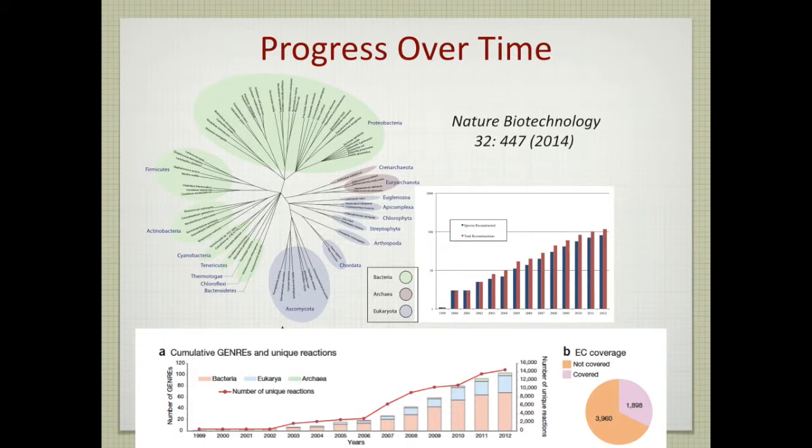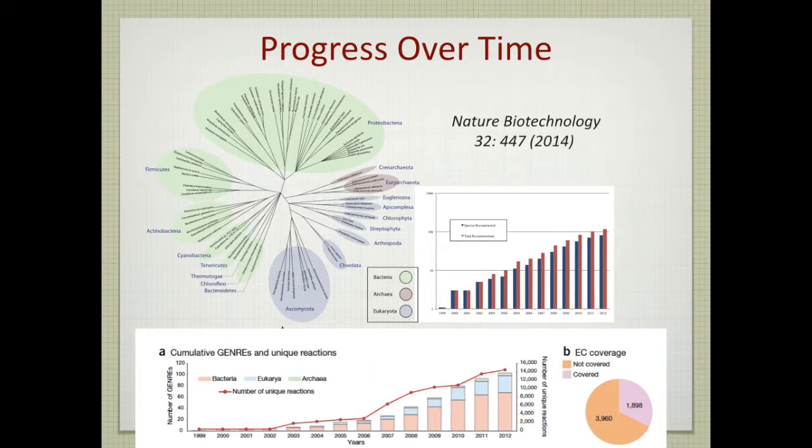Enterobacteria, of course, as a class are well known, and so there are many good enterobacterial reconstructions. The light red color shows the archaea that have been reconstructed, so there are some of those available, and the light blue branches on that tree are the eukaryotes that have been reconstructed and analyzed.